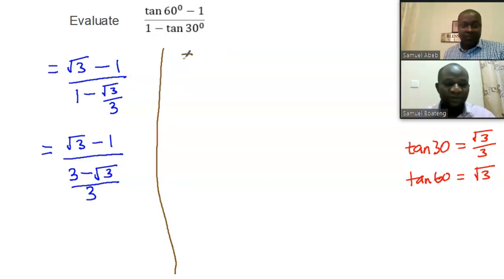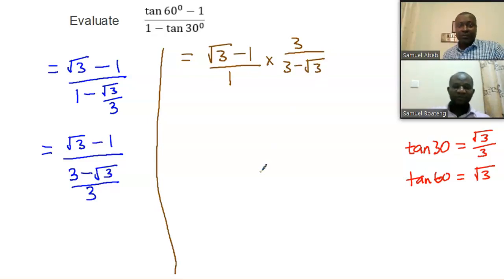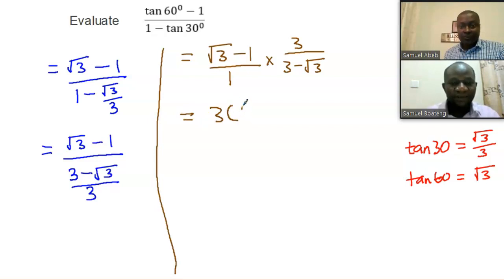This is equal to root 3 minus 1 over 1 times 3 over 3 minus root 3. So let's see how it will behave. This is equal to 3 times bracket root 3 minus 1 over 3 minus root 3.